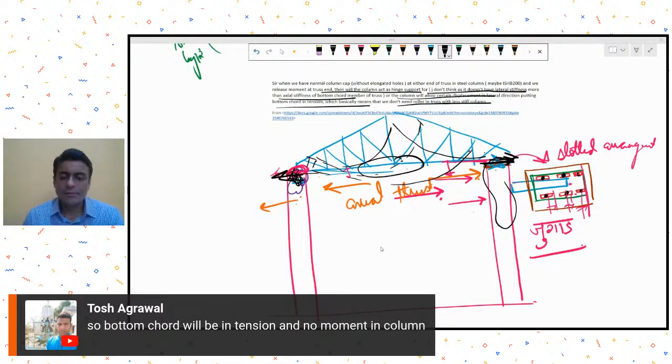I think I have only explained his question. I have not explained his. I mean, we have still not provided an answer. I think I have only explained what he is trying to ask, but that is what I understood from his question: when we have a normal column and we release moment at the truss end, then will the column act as a support?